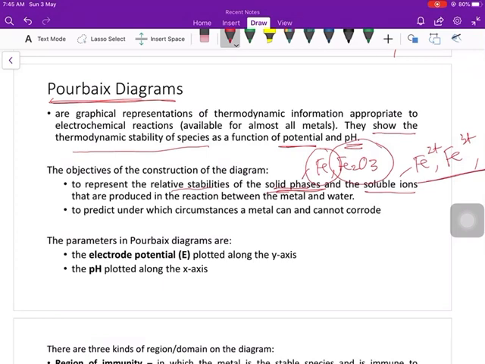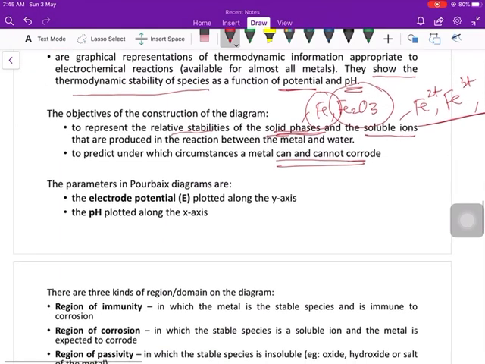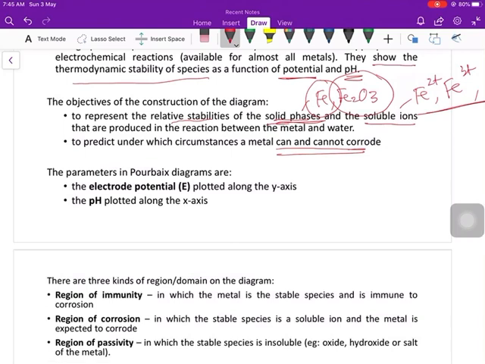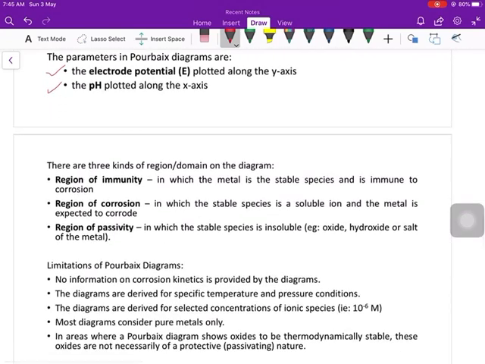Second objective is to predict under which circumstances the metal can or cannot corrode. You can predict either it can or cannot corrode in that particular E and pH. So there are two parameters, one is E and other one is pH. So once you have completed the diagram, so you have prepared three more regions.